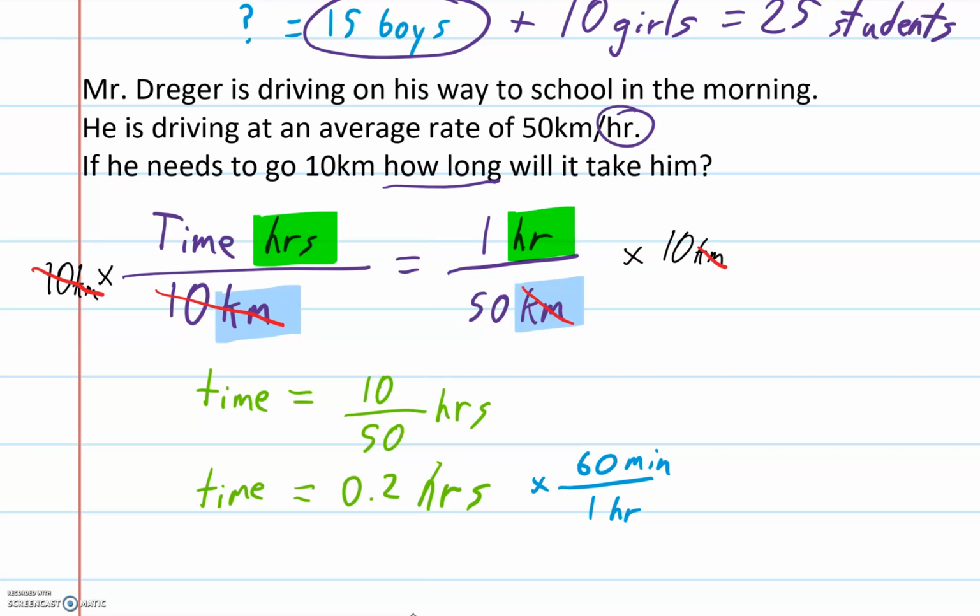You'll notice hour on top, hour below, cancel, which is really nifty, really helpful. And then I'll just type that into my calculator because I'm lazy, which is not good, but anyways, 12 minutes. Hey, that's not bad. Maybe that is possible within the city.